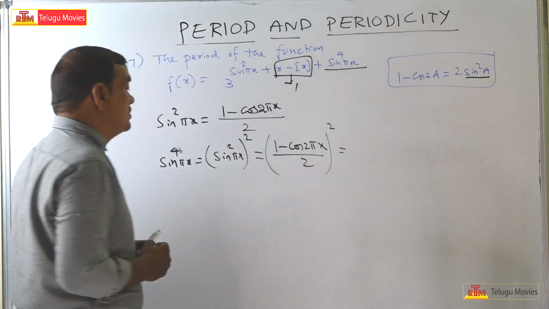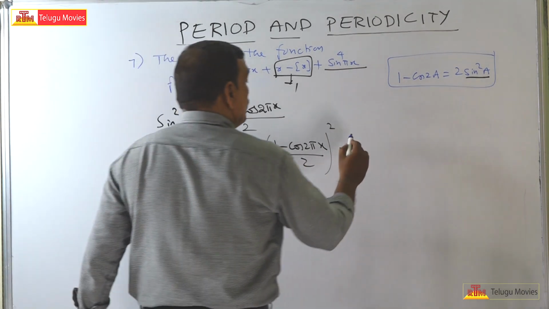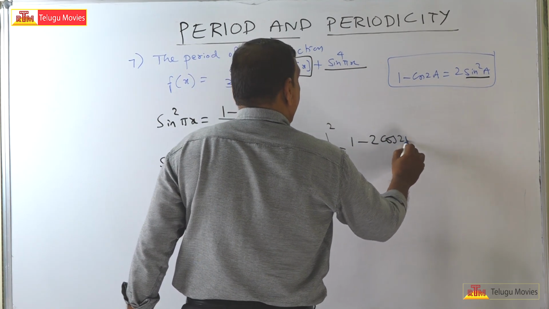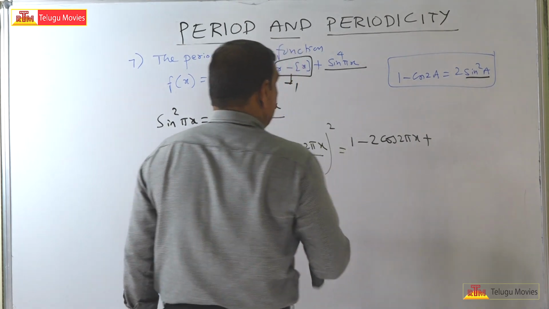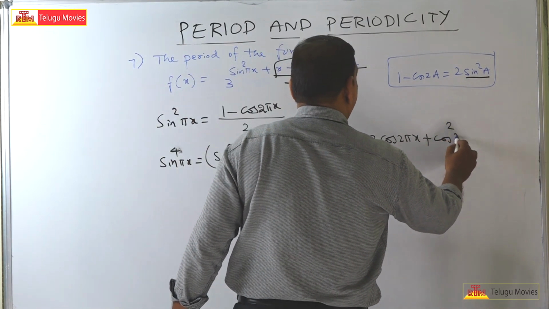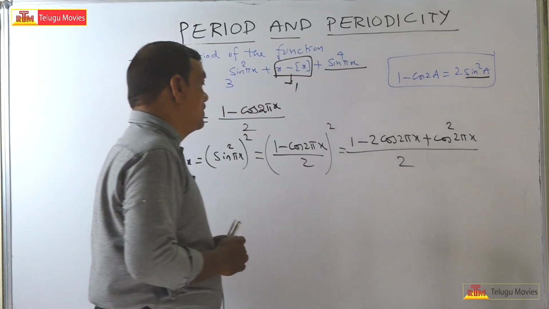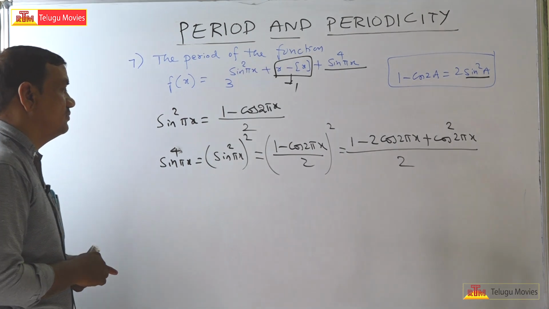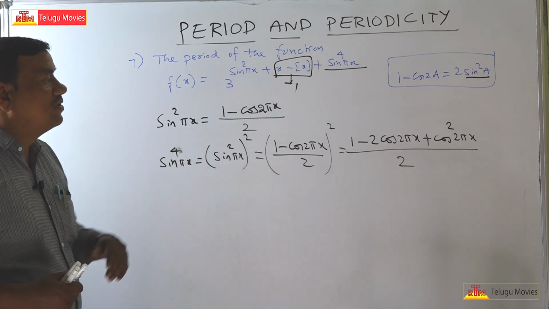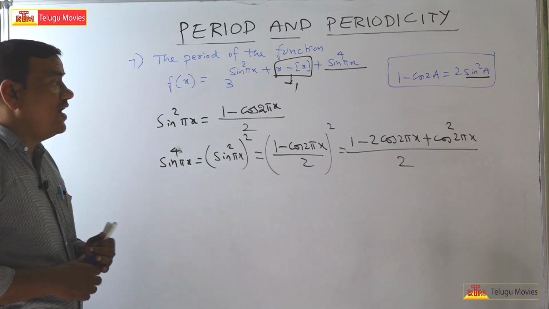So this is (a minus b) whole square, that is a square minus 2ab plus b square. Again, a square minus 2ab plus b square, where b square means cos square 2 pi x.